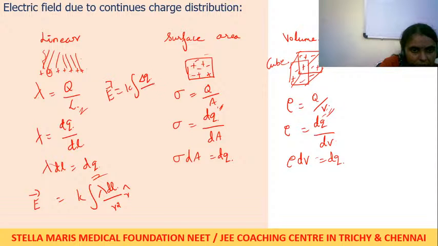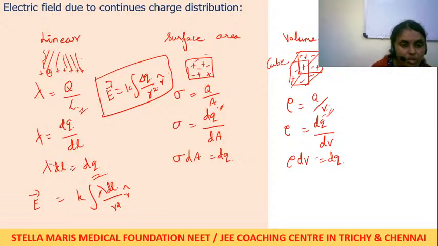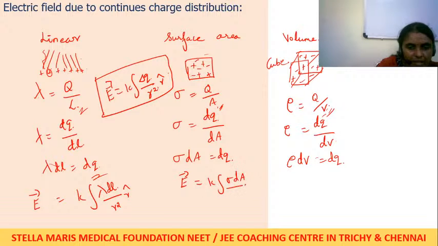Del q divided by r squared into r cap. Okay, so instead of this del q, I am going to substitute the values we have found for each case. So this is the electric field which is present in the linear system. The electric field for the surface distribution will be E vector equal to K into integral of sigma dA divided by r squared into r cap.